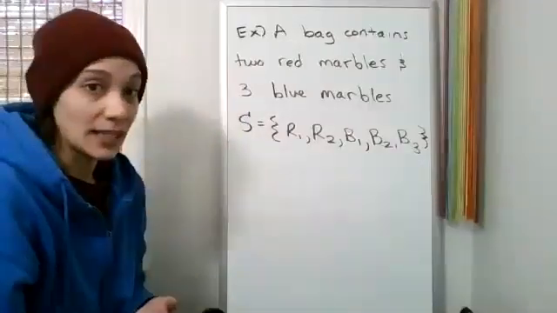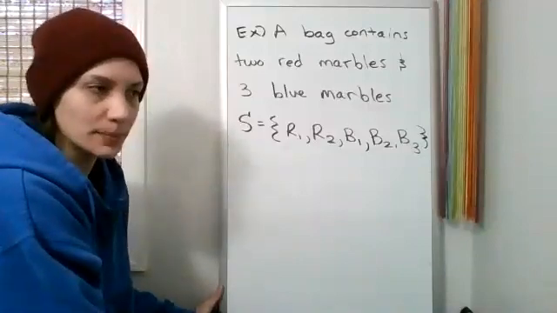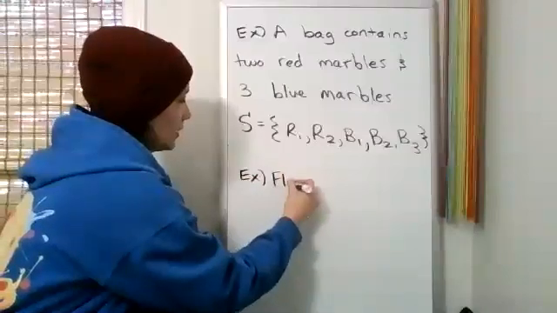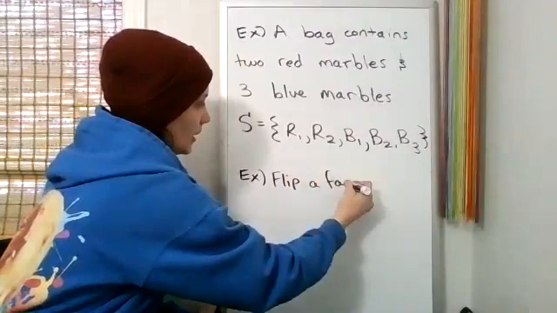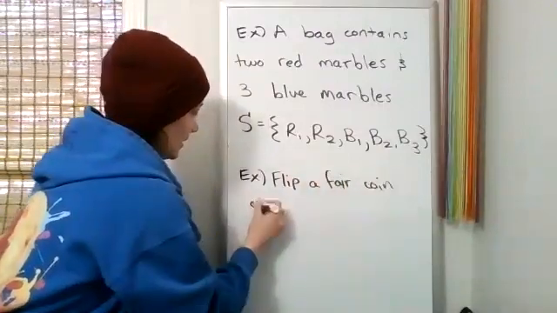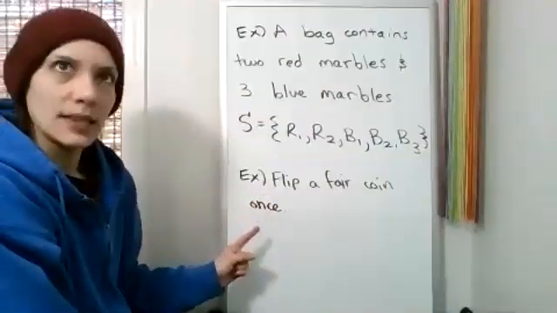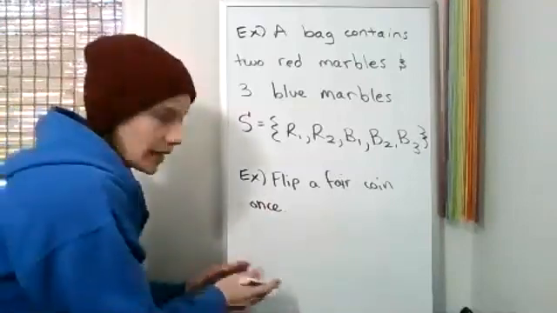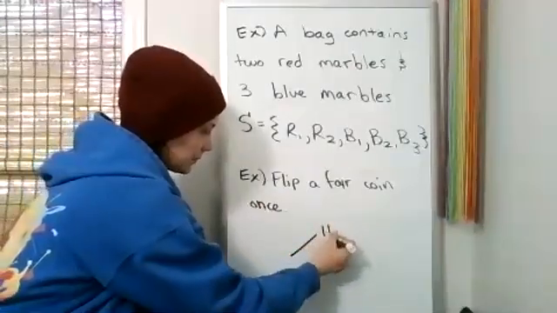Okay, there's some classic ones. One I would say is to flip a coin. So example, flip a coin. This tree diagram helps, but you don't have to draw the picture. But you start somewhere and you branch off, and your possibilities are heads.